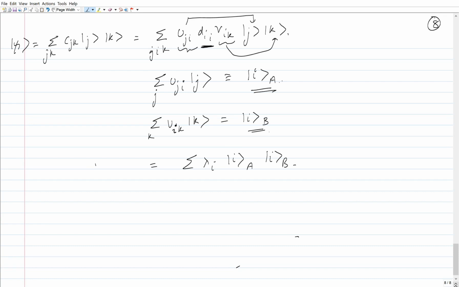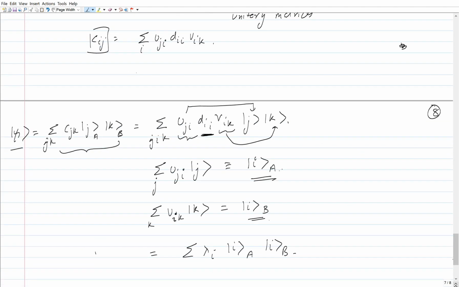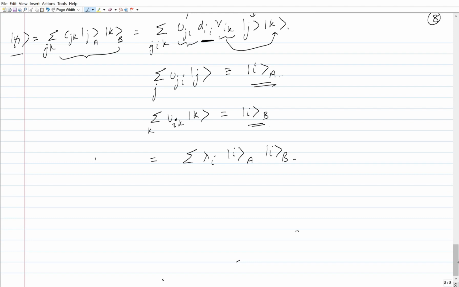So I started with a state psi. I was able to express the state as the most general description of a state I can write in terms of two indices j and k over two subsystems and a linear combination over them. And then using my singular value decomposition, I was able to write it as UDV.